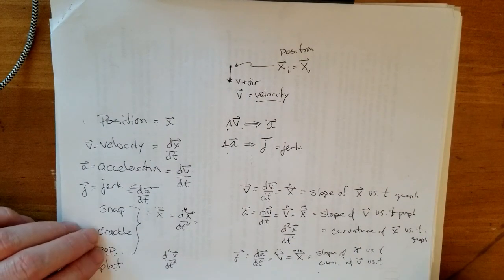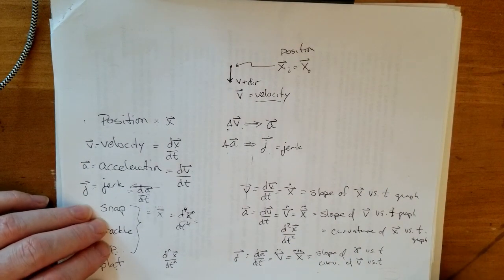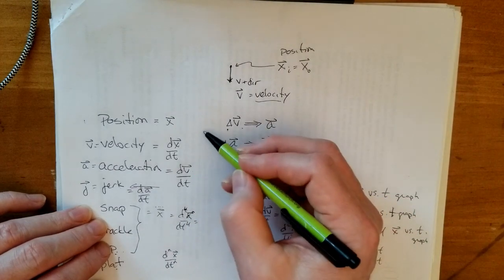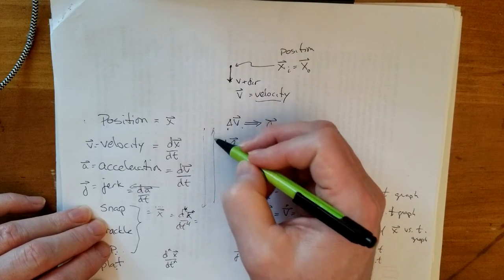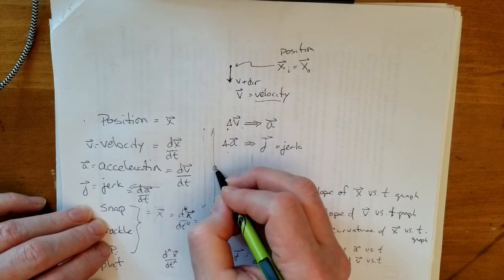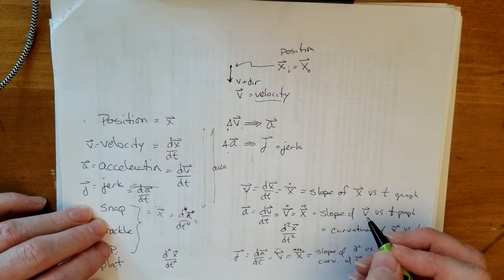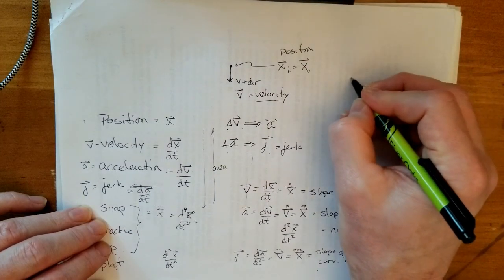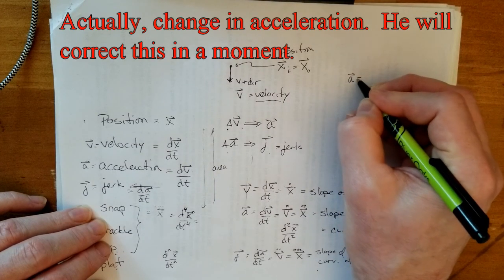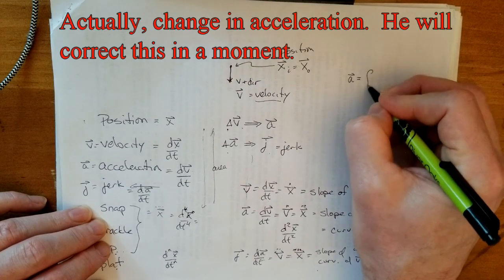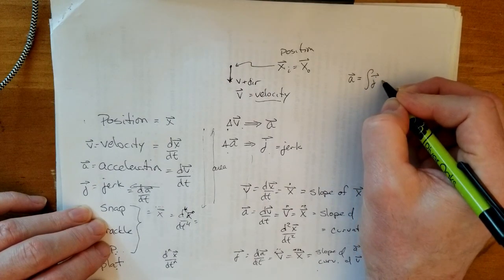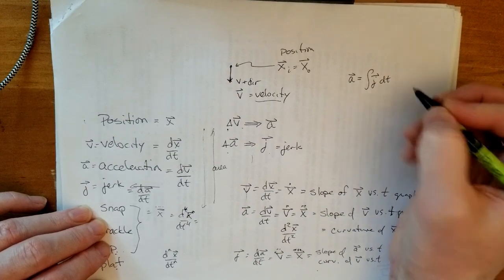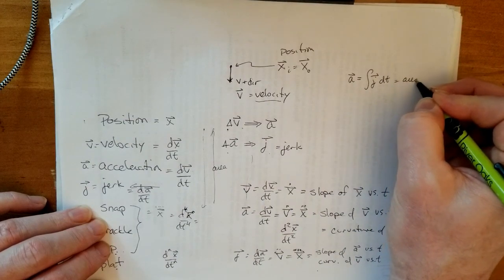Conversely, some of you have already had Calc 2 and some of you have not. If we're working backwards, if I take derivatives, I'm finding slope, but if I'm going backwards, as indicated in another video, it's area. So I can also write that acceleration is the antiderivative of jerk, which is the area.